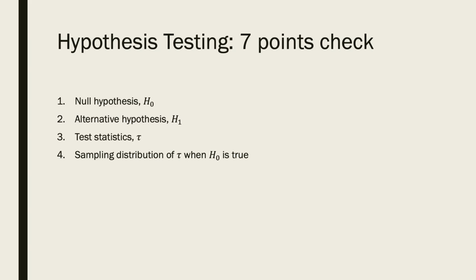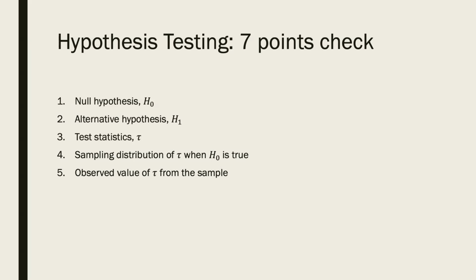And the next one is the sampling distribution, where we use it to compare with our test statistic. And the next one is we need to find the observed value of our test statistic from the sample. Like this is different from the test statistic in point 3.